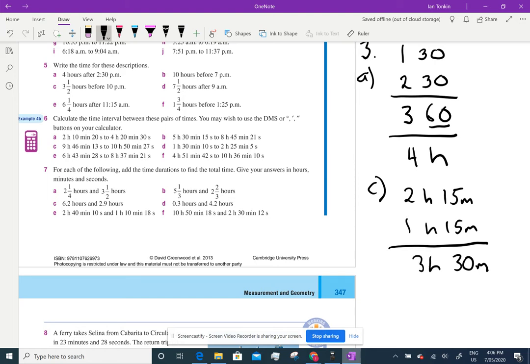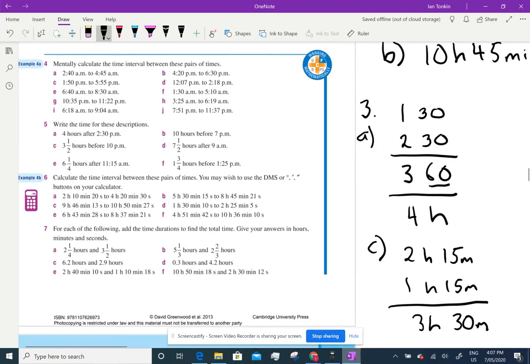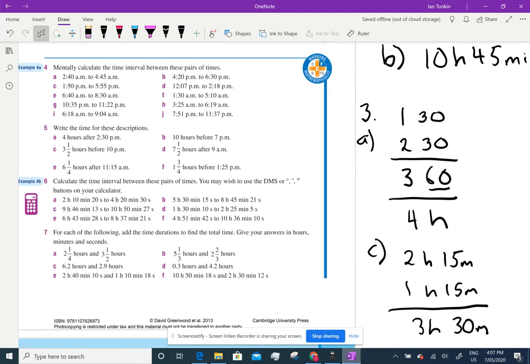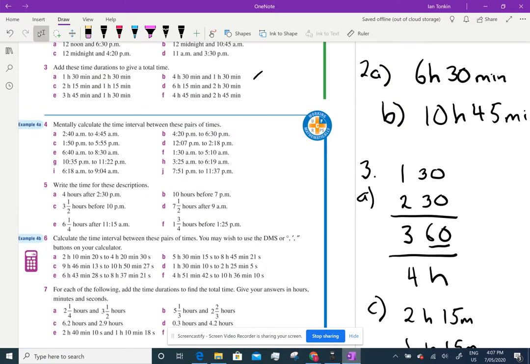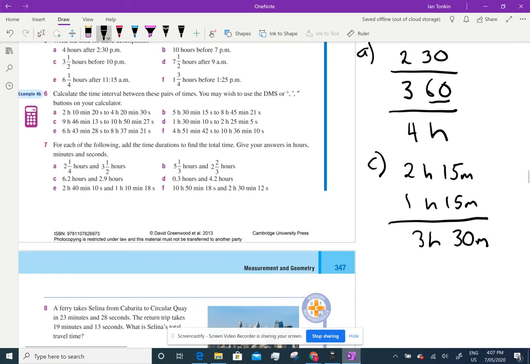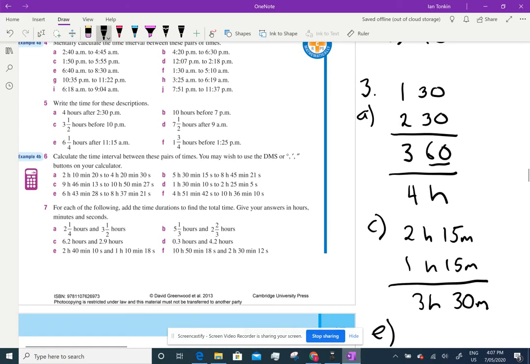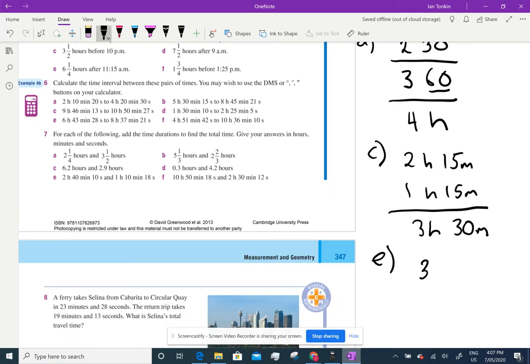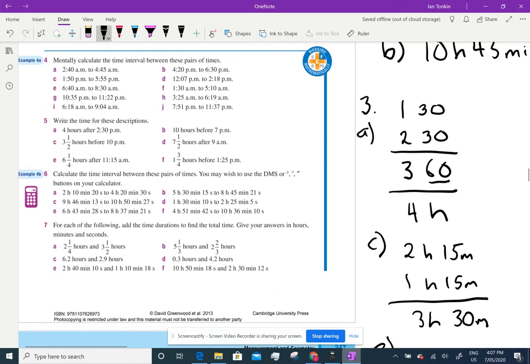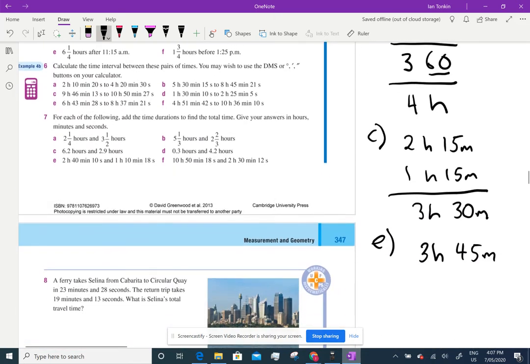That was pretty easy. You're going to have a go at D. It'll be the same. E's a bit different. So E and F. So I'm going to do E. You do F. And I've got 3 hours 45 minutes and 1 hour and 30 minutes.